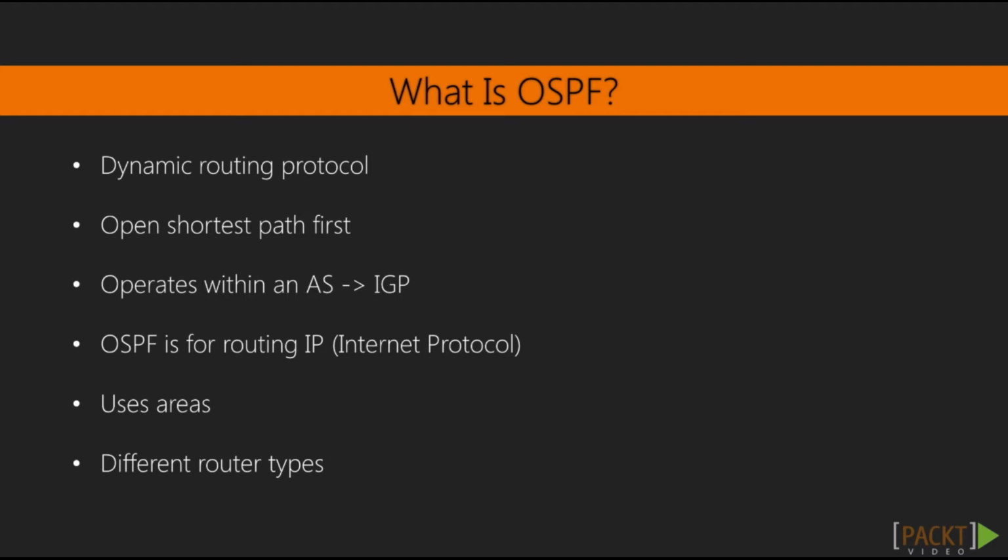OSPF uses a functionality called areas. Areas are used to combine different routers and configure which routers are going to exchange information. And therefore, we have different types of routers. We have backbones, ABRs, ASBRs, and they are going to be covered within the next slides.